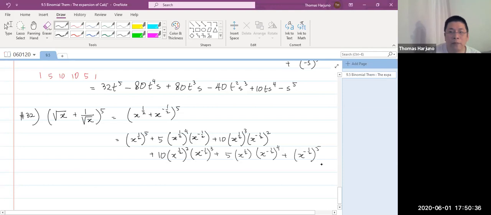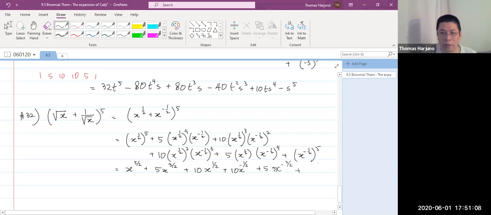Okay, simplify further. This is x to the 5/2 plus 5x to the 3/2, right? Plus 10x to the 1/2, plus 10x to the negative 1/2, plus 5x to the power of negative 3/2, plus x to the power of negative 5/2.